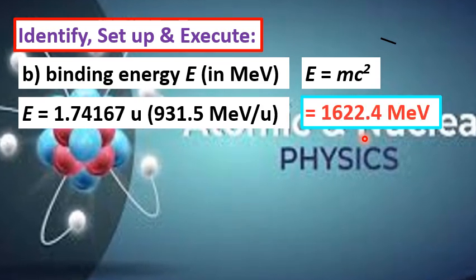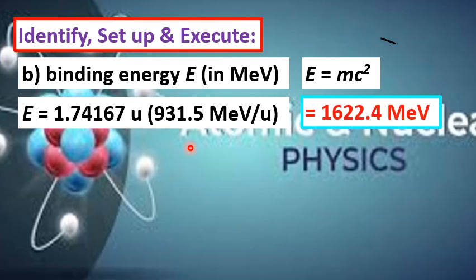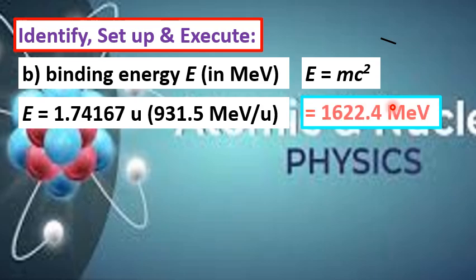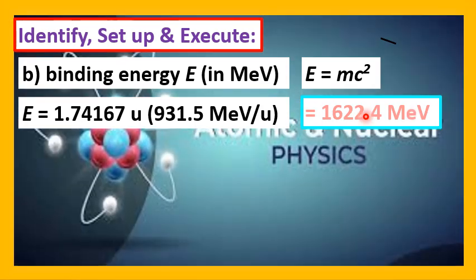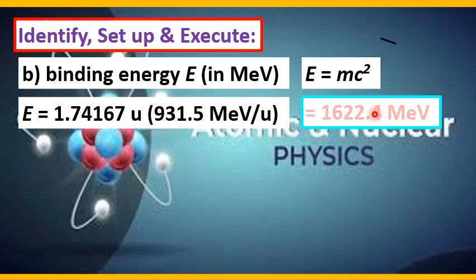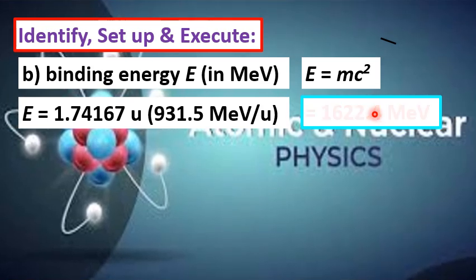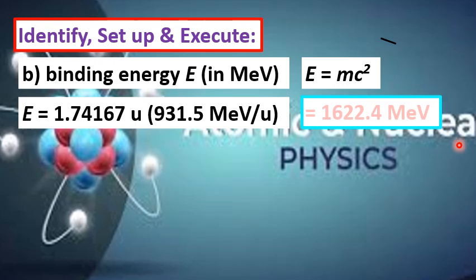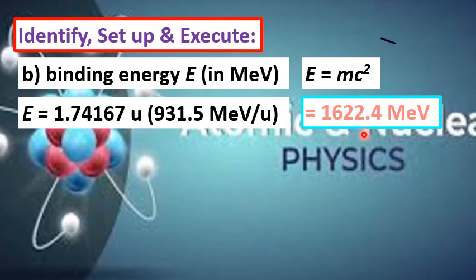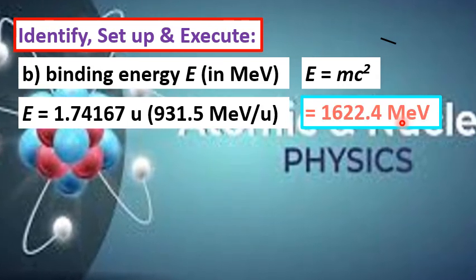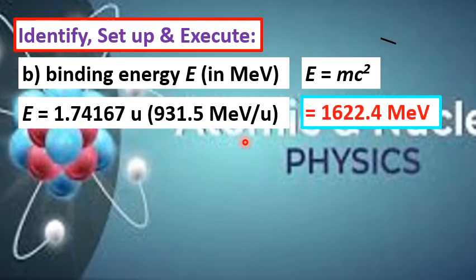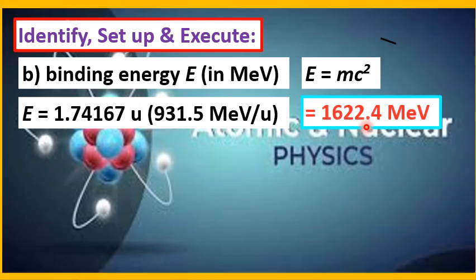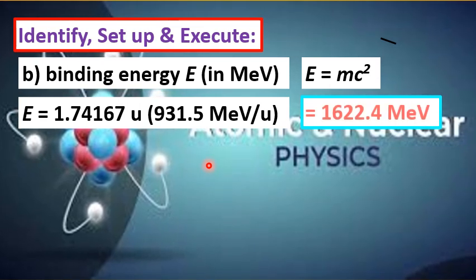So this is the total binding energy for lead 206, which means that all the 206 protons and neutrons are kept intact in the nucleus because of this binding energy, a total of 1,622.4 million electron volts.